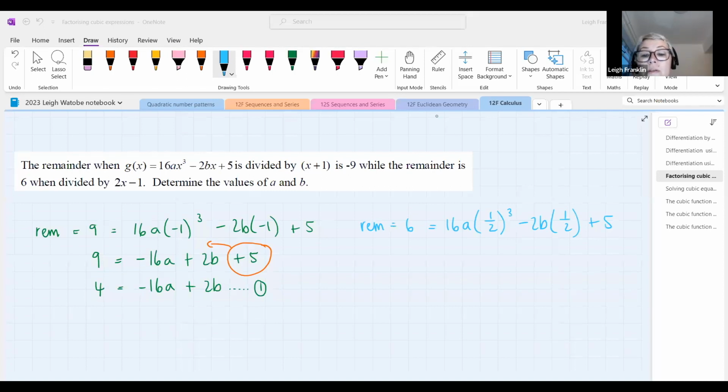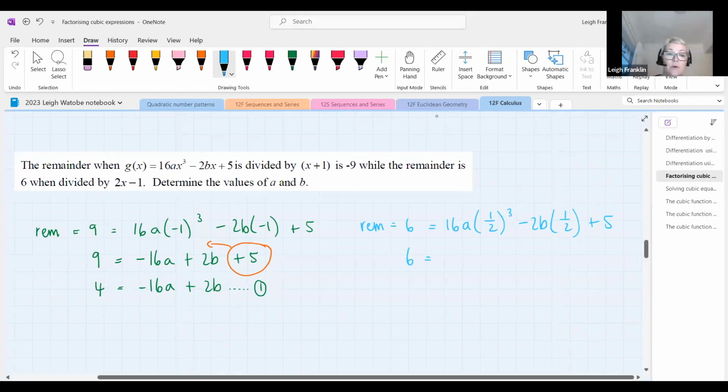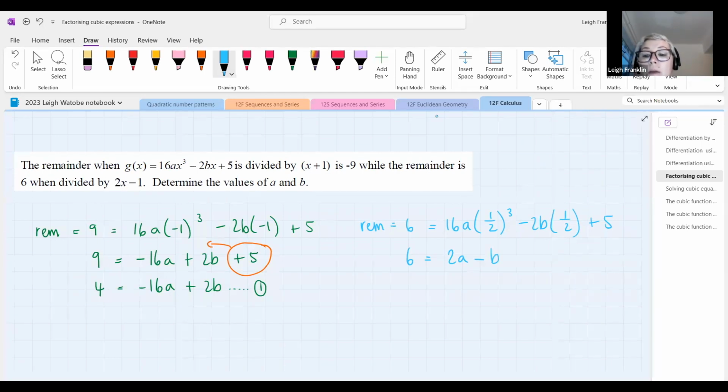So we've got 6 equals. Now the coefficient of a is going to be 2, if I'm not mistaken. And then here, that's going to be minus b. And then we're going to have plus 5.